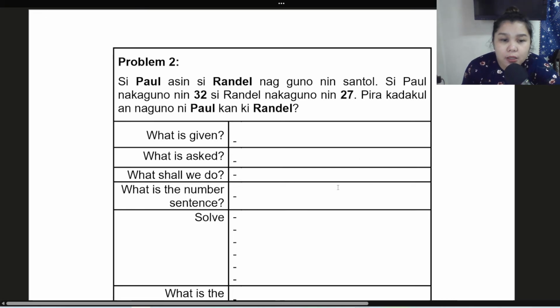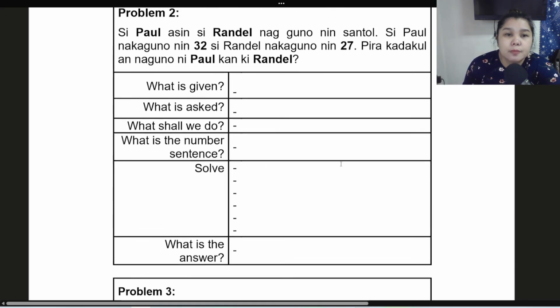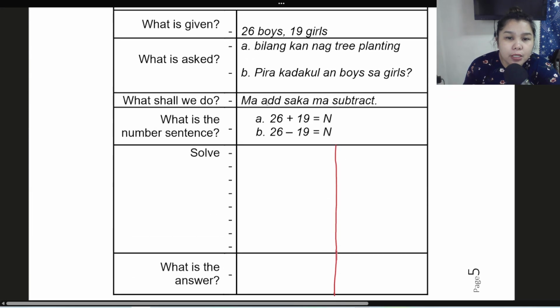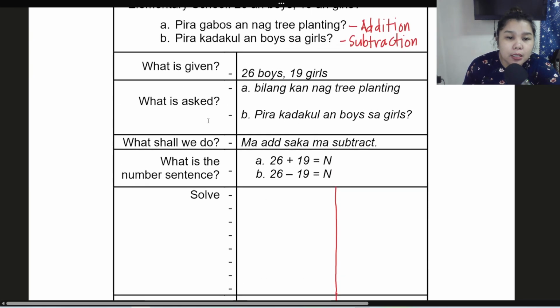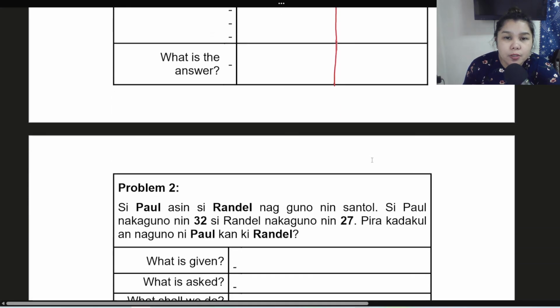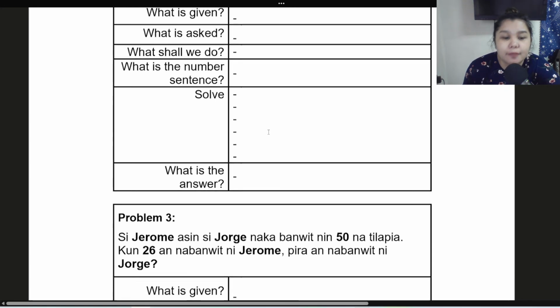What is asked, what shall we do, add or subtract, and then the number sentence, your solution, and the answer. So you need to fill in 6 parts for problem 2. You can use this pattern here, but this one is harder because you need to do 2 operations, add and subtract. But for problem 2, clue, you only need 1 operation. Here, what shall we do? Only one, either subtract or add.